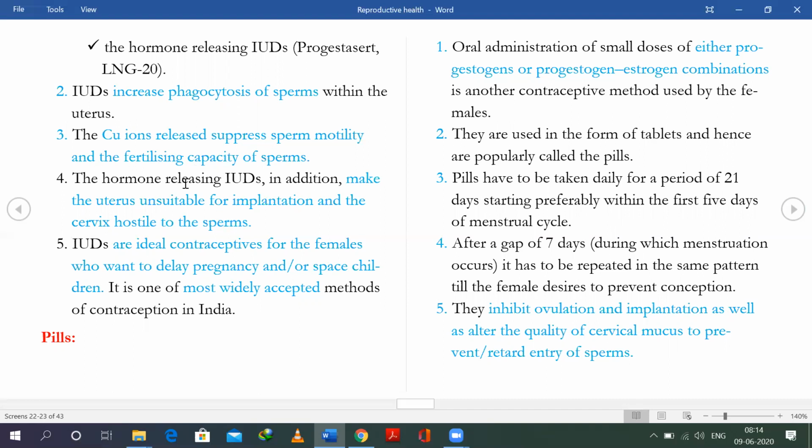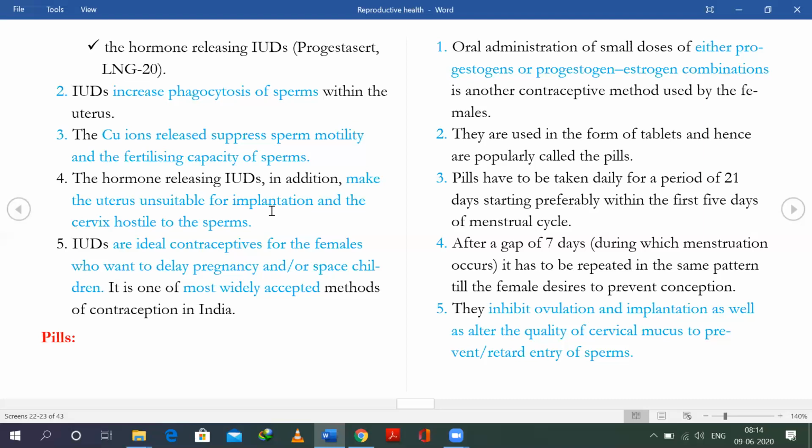And then we have the hormone releasing IUDs. What they do here is they make the uterus unsuitable for implantation. What does that mean? The mucus lining is affected, right? When the mucus lining is affected, the implantation will not happen.